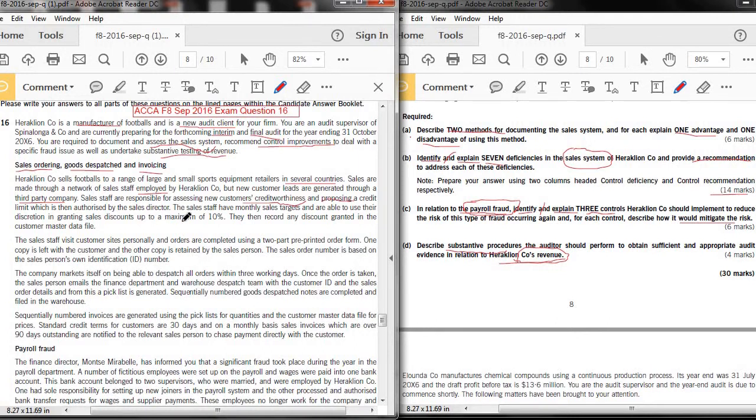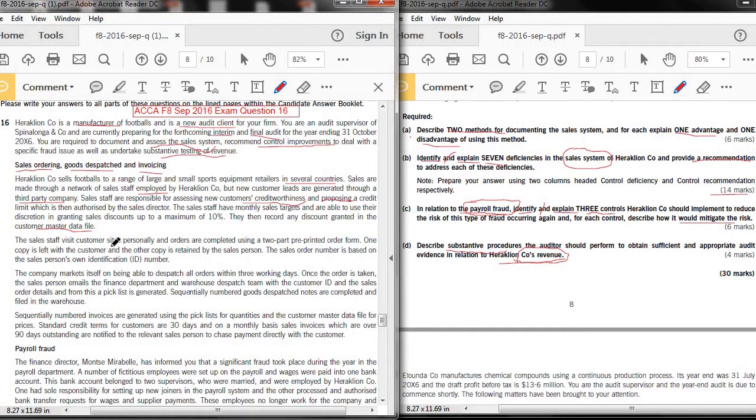This is okay. Sales staff have monthly sales targets and are able to use their discretion in granting sales discounts up to a maximum of 10%. Then they record any discount in the customer master data file. Means they have access to the master file of the customers. This is also a deficiency. They can record anything.